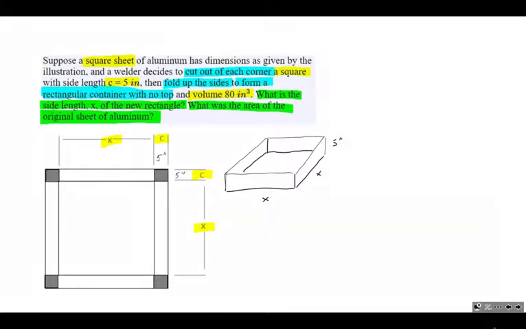We've got a known volume here of 80 cubic inches, don't we? And let's recall how we calculate volume. The volume of a rectangular solid or a rectangular tray like this is going to be the length times the width times the height. And we know in this case that volume is going to be 80 cubic inches.